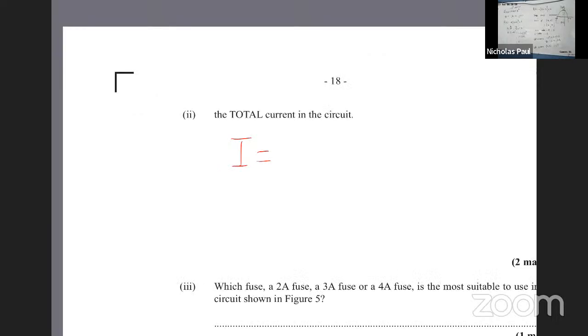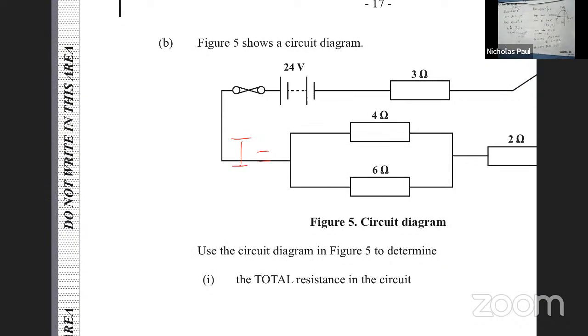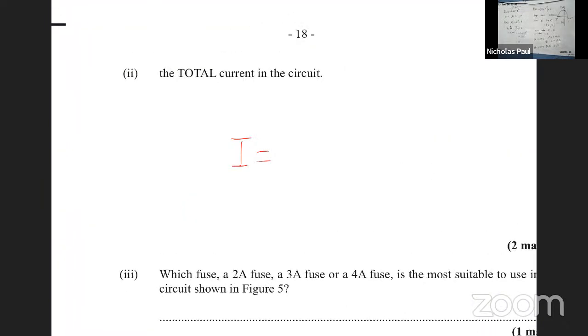Next part, find the total current in the circuit. Current is what? The voltage was how much? 24. I is equal to V over R. So V is 24 and R was how much?